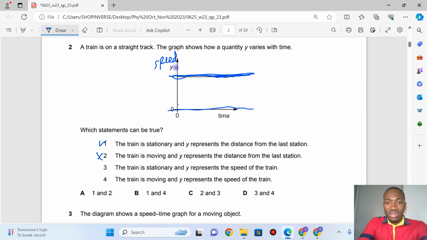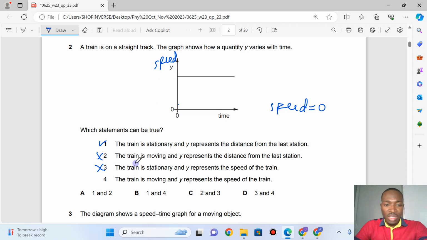It's only when the line is on the origin that we know the train is stationary. Why? Because speed at the origin is 0. That's what this 0 here tells you. But at this point, speed here cannot be 0, so the train cannot be stationary when the horizontal line is here. I believe that is understood.